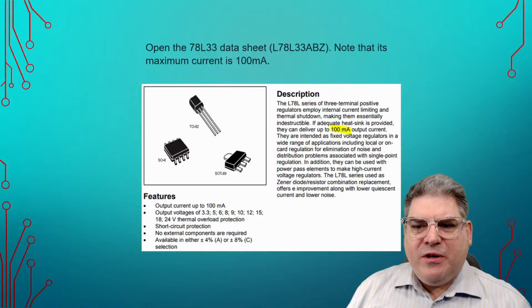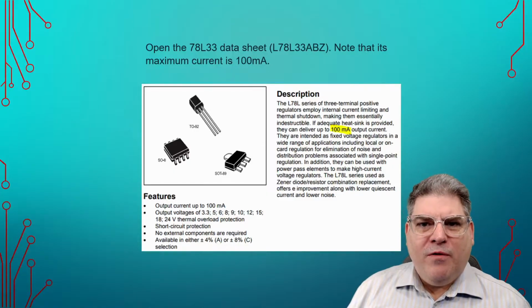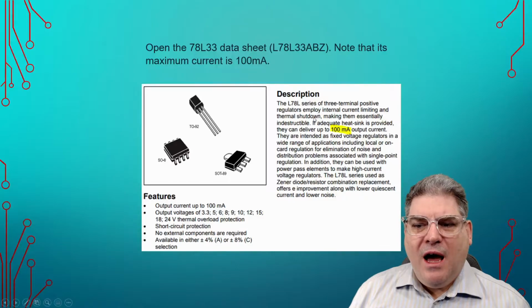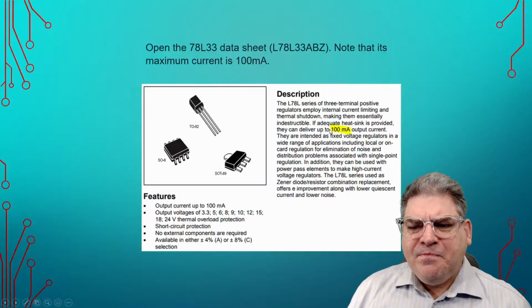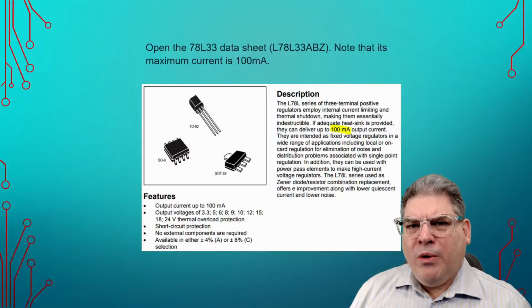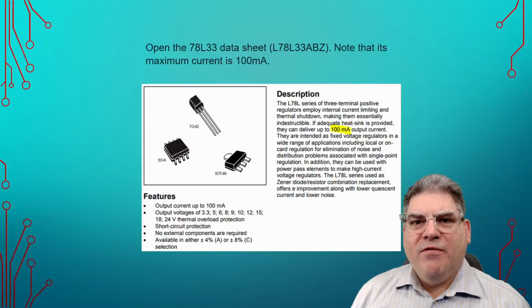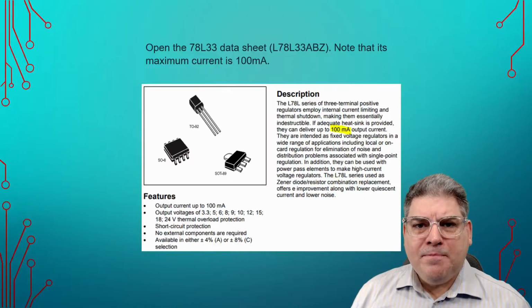If you scroll down to the description of the part, the first thing that you'll notice is that it does specify the packages. It specifies how it can be used. And there's a big note in here, and it says, if adequate heatsink is provided, it can deliver up to 100 milliamps. And so I want you to recall last week's work, we were going to try to put 250 milliamps through this part.